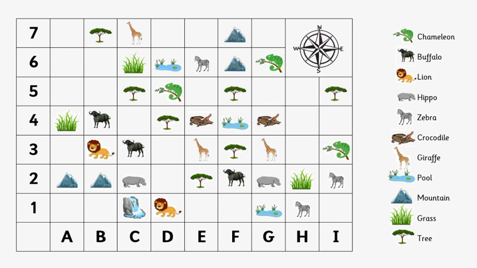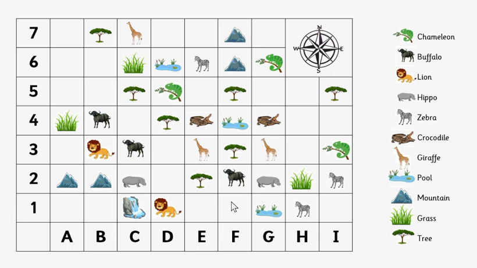So start facing north in F1. Make a quarter turn clockwise and go forward 2 spaces. What animal have you landed on? Let's look at it together. Start facing north in F1. Yeah, F1, and I'm facing north.